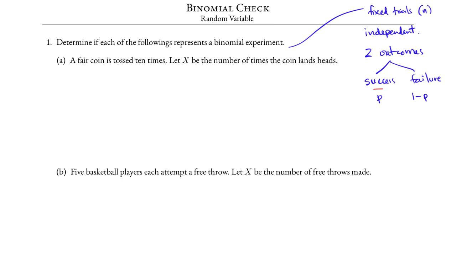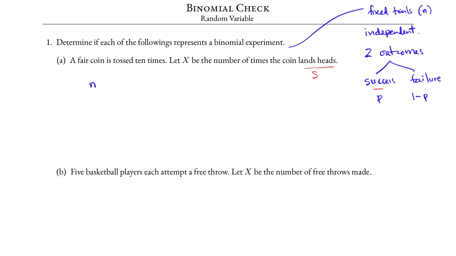For example, a fair coin is tossed 10 times. Let x be the number of times the coin lands heads. In this case, we are interested in the number of heads, and so getting a head is a success. The first condition: is there a fixed number of trials?